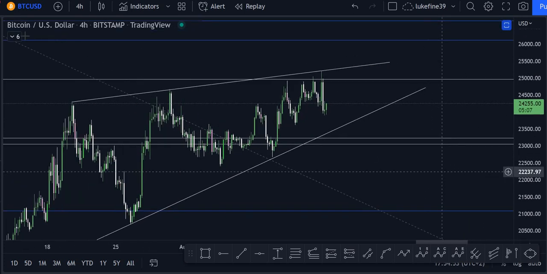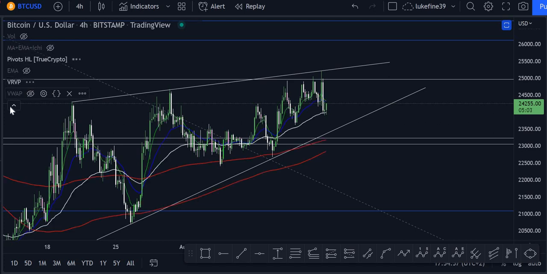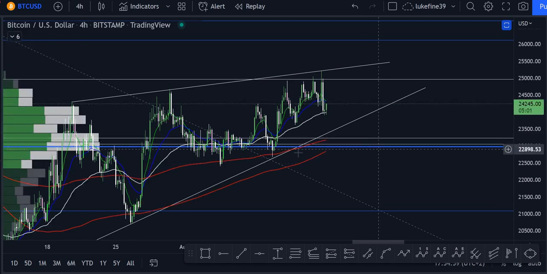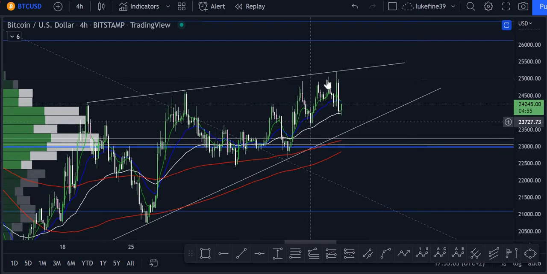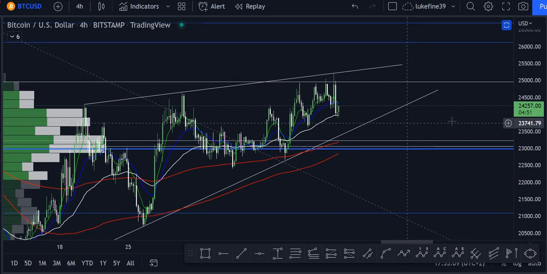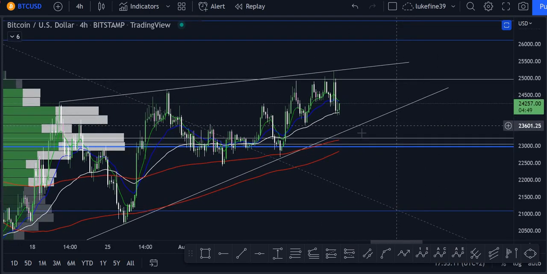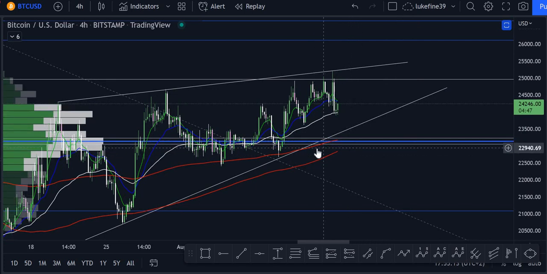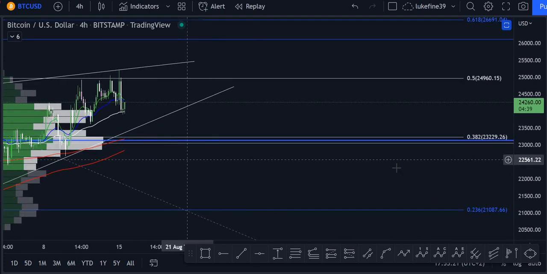And from that on the 4-hour, let's check the EMAs and the VPVR, and we see this 23k area zone is a confluence, but we're still holding the 55 EMA, and this is still a higher low. Okay, so for me, this area of the 4-hour 200s, the point of control volume, and this trend line needs to hold, and we have some fibs here, right?